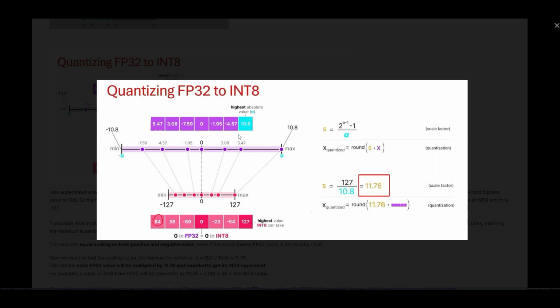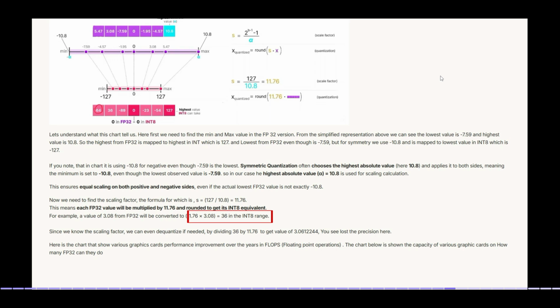What this means is that to get the INT8 equivalent of FP32, each FP32 value will be multiplied by 11.76 and rounded. For example, a value of 3.08 in FP32, when multiplied by 11.76 and rounded, will become 36 in the INT8 world. Since we know the scaling factor, we can also dequantize if needed.